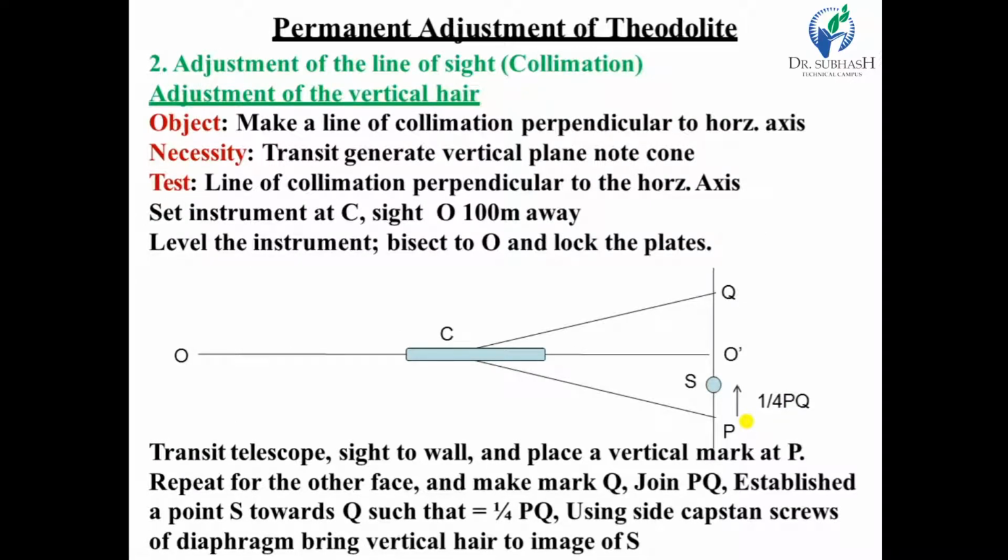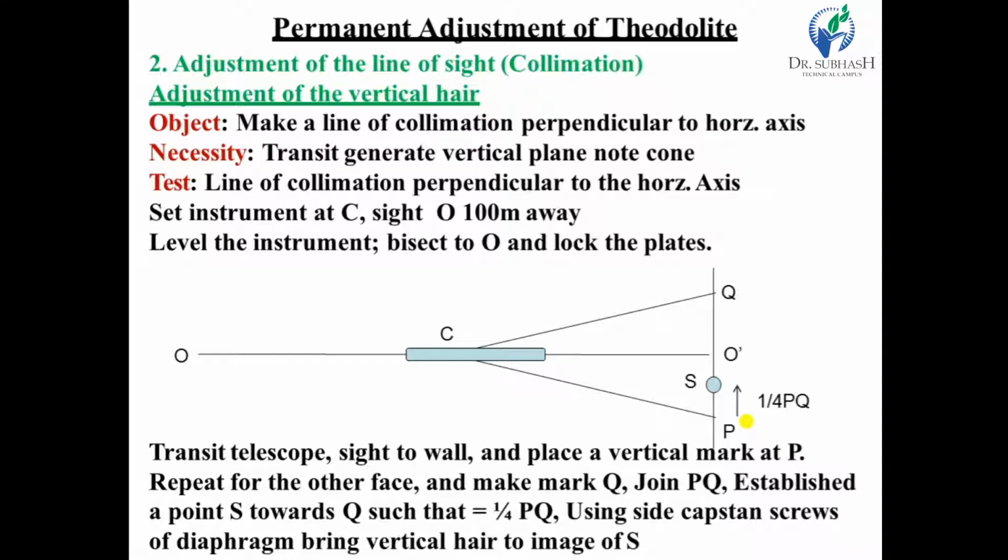The second adjustment is adjustment of the vertical hair. Make the line of collimation perpendicular to the horizontal axis. Previously, we made the horizontal axis truly horizontal. After that, we move to the adjustment of the vertical hair. The necessity is that the transit should generate a vertical plane, not a cone.